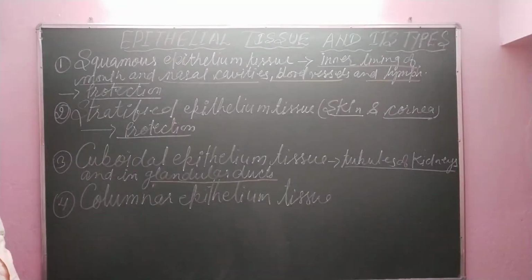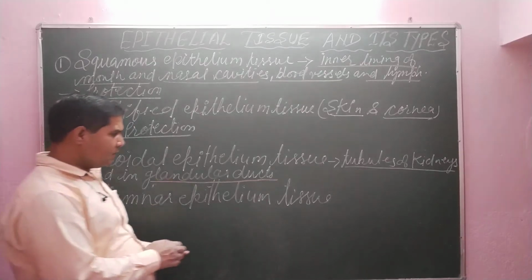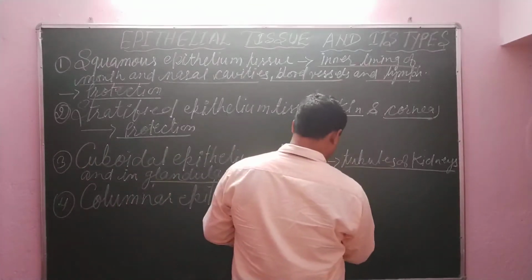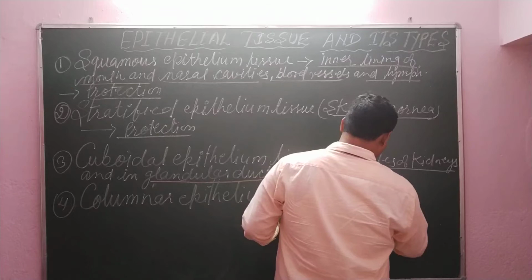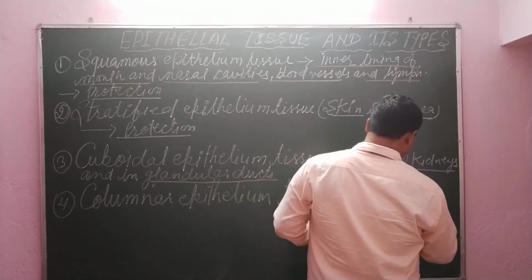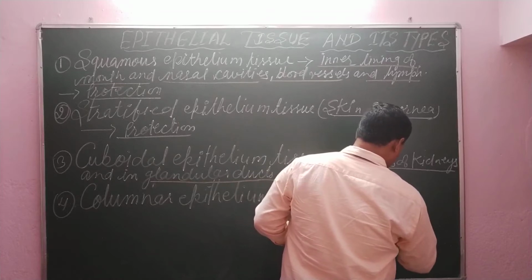Next you see columnar epithelium tissue. Columnar epithelium tissue is present in the stomach and intestine, dear student.